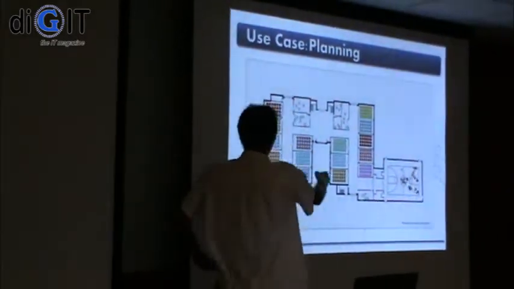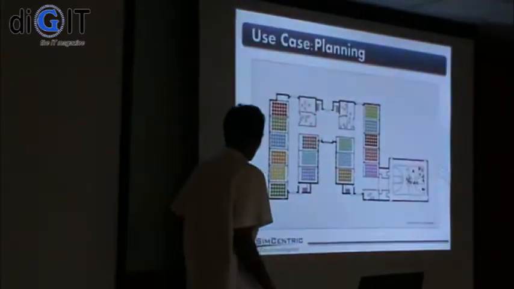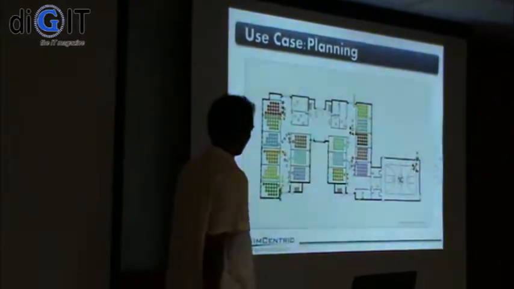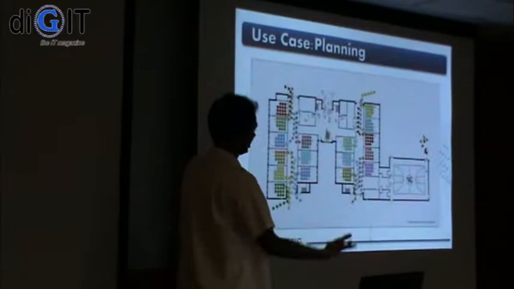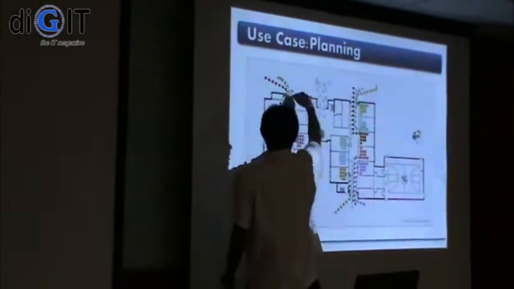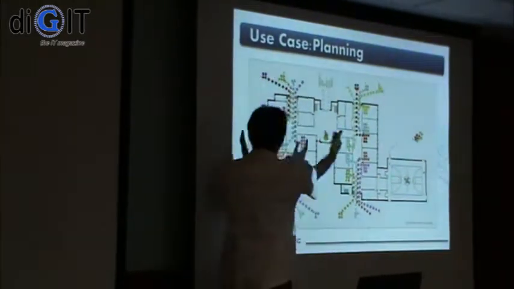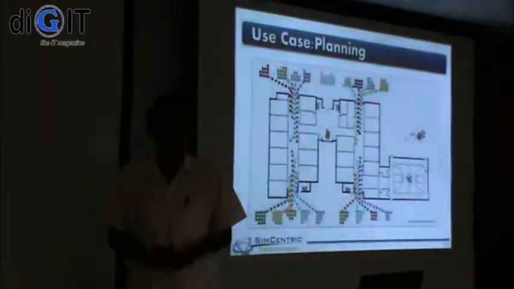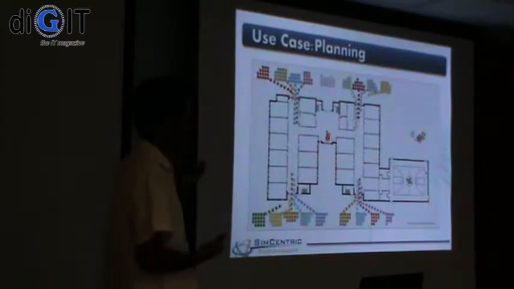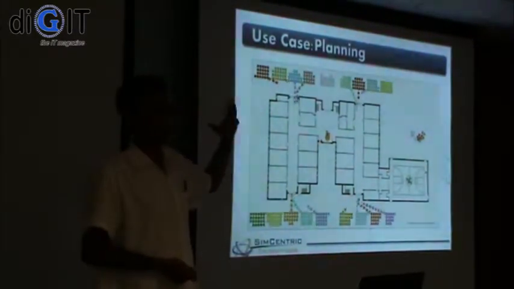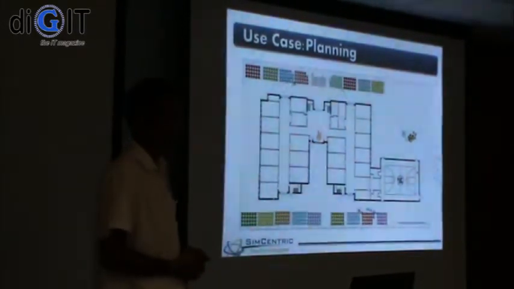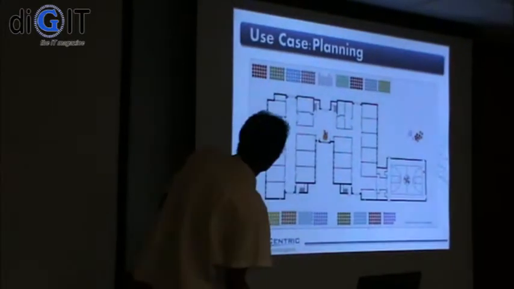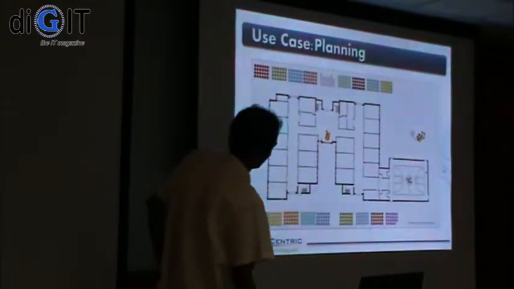Once again, a fire happens here, and they're going to see how long it takes to evacuate everybody out of this building. And then using this model, they can decide whether you need extra doors, extra exits, whether this corridor should be a bit wider, the door should be wider. You can just test out different things to see what works better. And it doesn't really cost you anything once it's built, because it's all on a computer and it's a reusable model. So evacuation modeling, like I said, is one example.